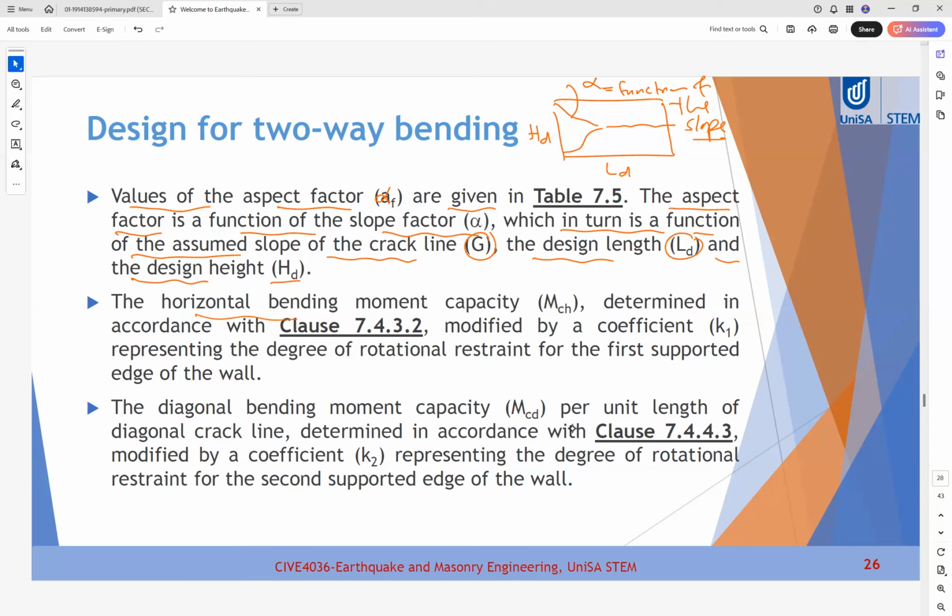The horizontal bending moment capacity, MCH, is determined in accordance with the previous calculation we did, clause 7.4.3.2, modified by a coefficient K1 representing the degree of rotational restraint for the first supported edge of the wall.